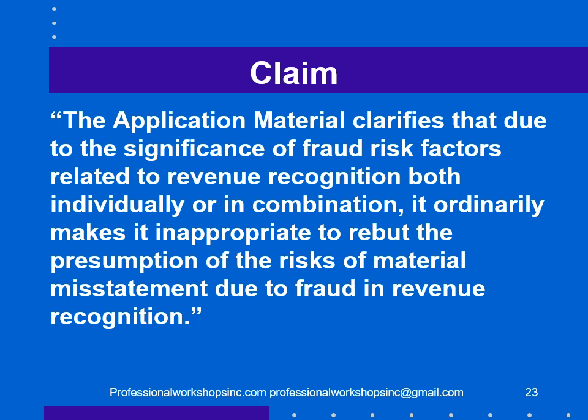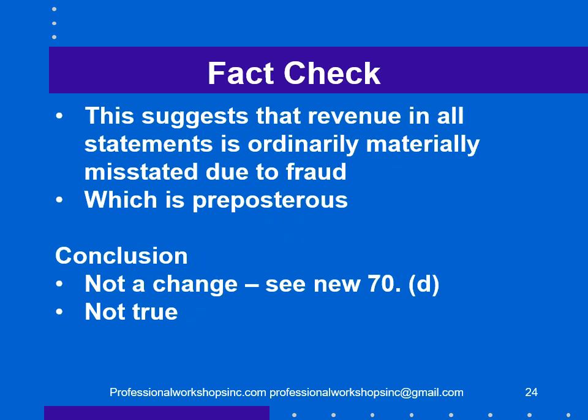Application material clarifies that due to the significance of fraud risk factors related to revenue recognition, both individually or in combination, it ordinarily makes it inappropriate to rebut the presumption of risk of material misstatement due to fraud in revenue recognition. Now that, I say suggest, it says that revenue is always materially misstated due to fraud in every audit.